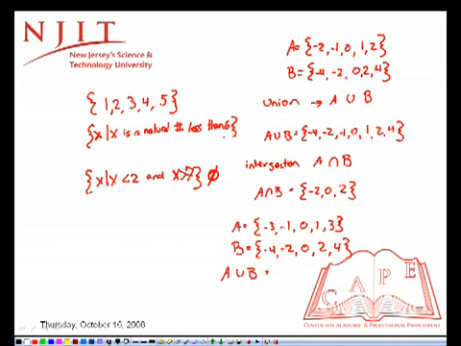What does this represent exactly? This represents finding the union of A and B, which means the numbers that exist in A or B. That means the answer to this problem will be all the numbers in the set. So we have -4, -3, -2, -1, 0, 1, 2, 3, and 4.